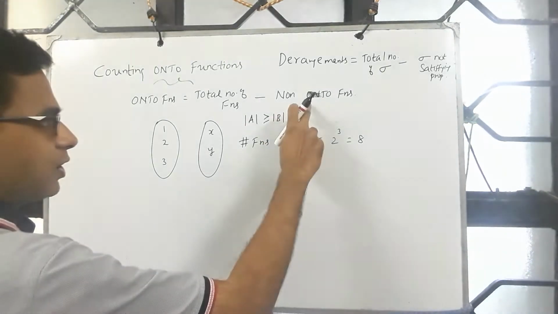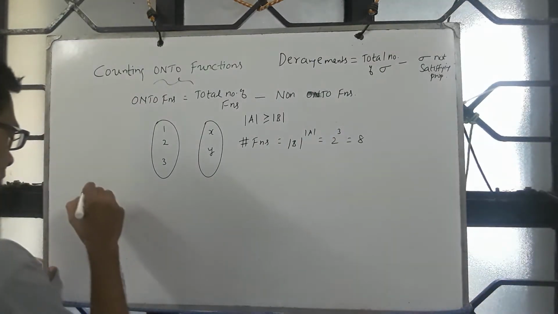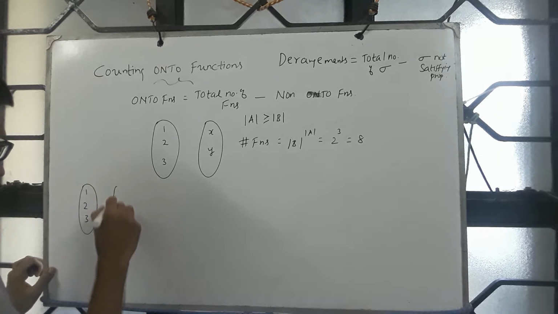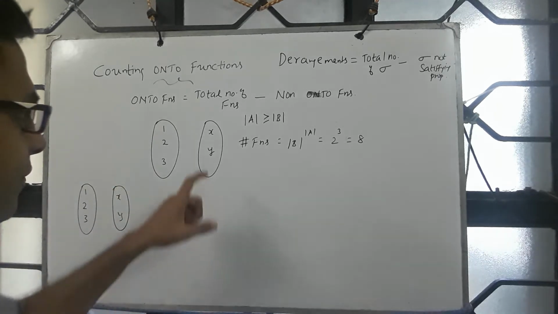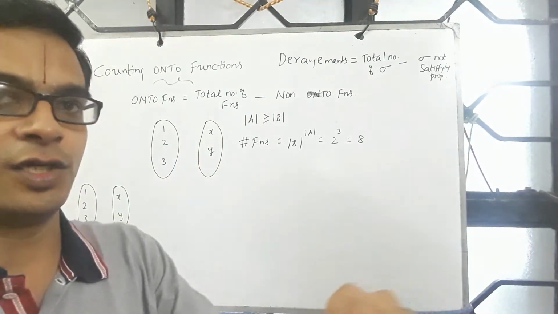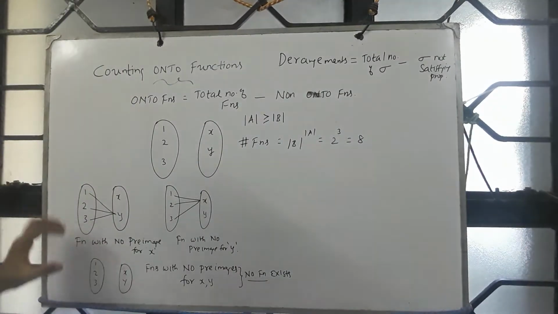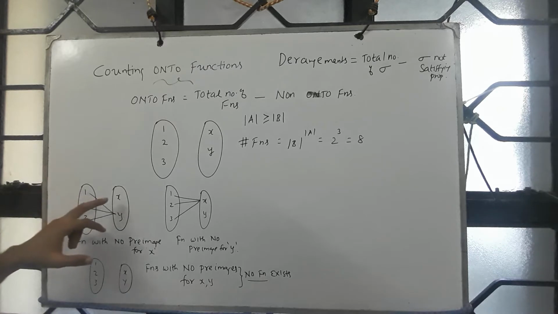We are interested in counting non-onto functions. For example, if you take 1, 2, 3 and x, y, you see that if x is not having a pre-image, then such a function is non-onto. So if you look at this function, there is no pre-image for x.